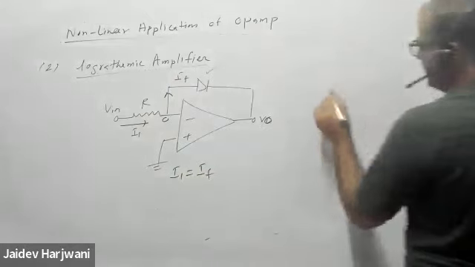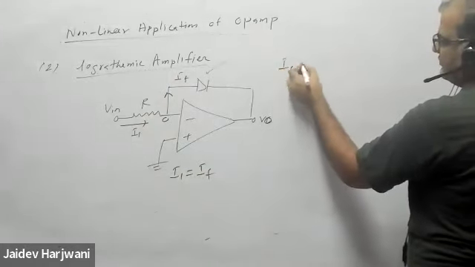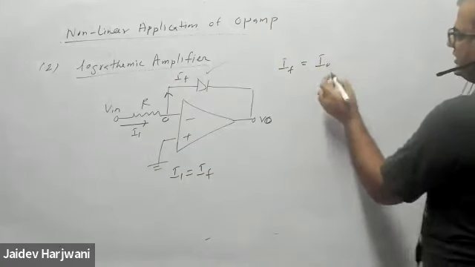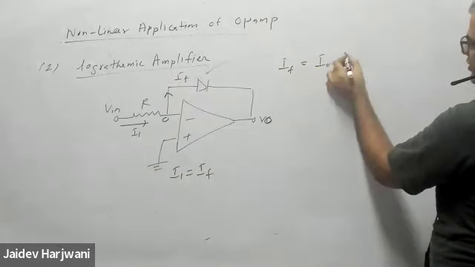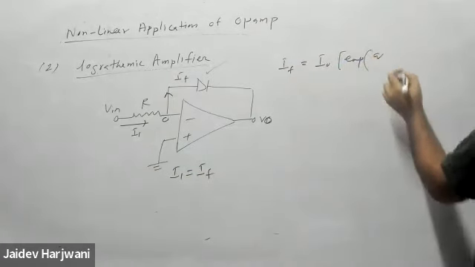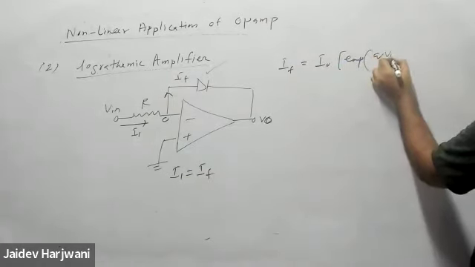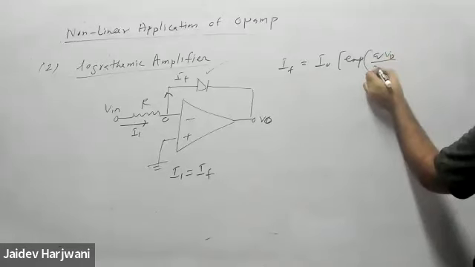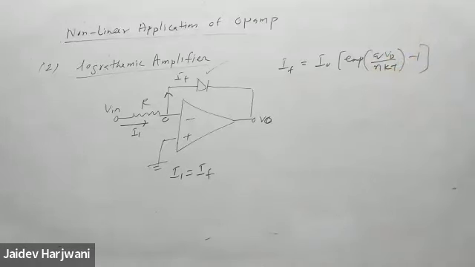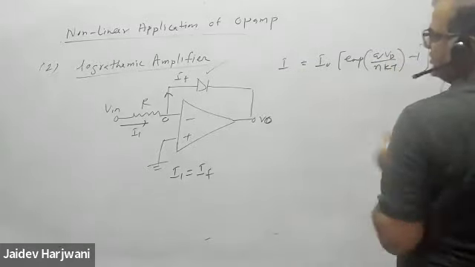And the diode forward current is given by I naught exponential Q voltage across the diode by eta kT minus 1. This is the diode equation.